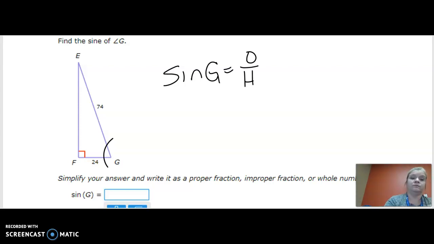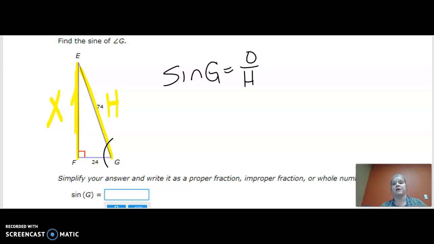But wait. 74 is the hypotenuse, but this side right here is your opposite, and we do not know at this time what the opposite is.